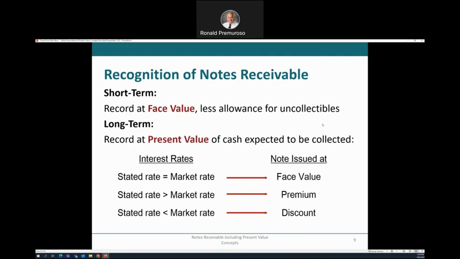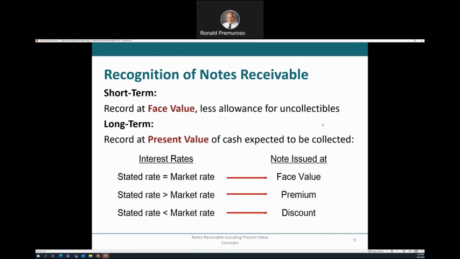You record the note at its face value, debit notes receivable, less allowance for uncollectible accounts. If it's a long-term notes receivable, which means the payments are due 1 year after the balance sheet date, you record them at the present value of the cash expected to be collected.